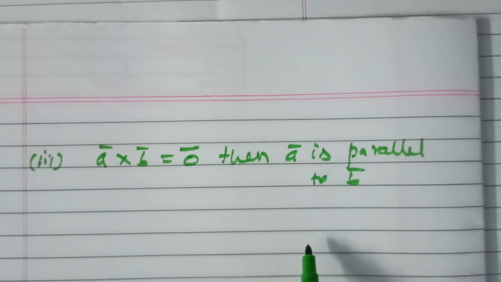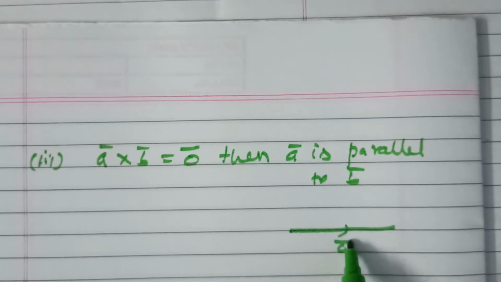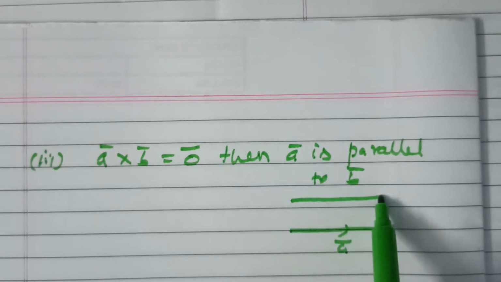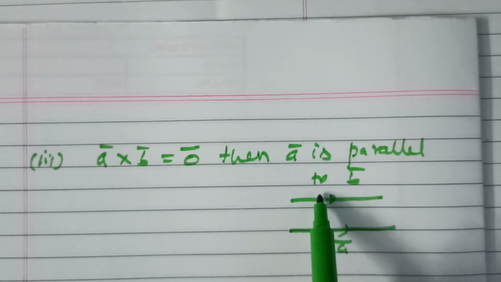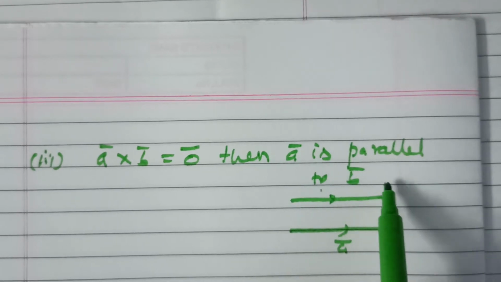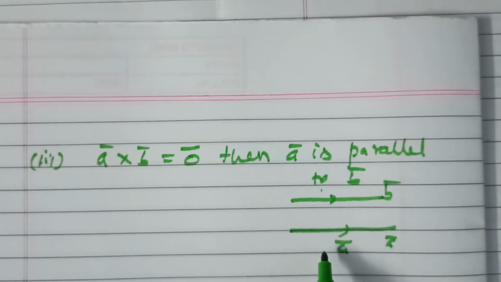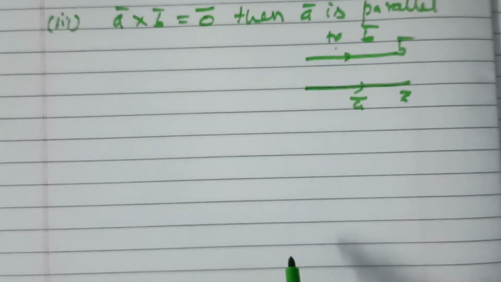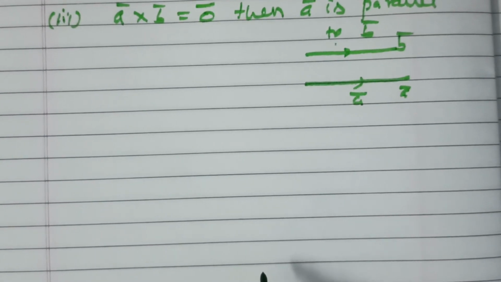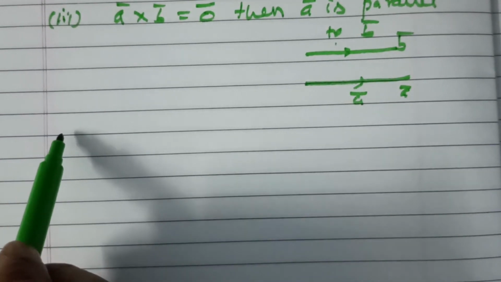So the two vectors are parallel to each other. Suppose A bar is like this and B bar is like this. This is B bar and this is A bar. Both are parallel to each other. A bar dot B bar is zero when both vectors are perpendicular to each other.